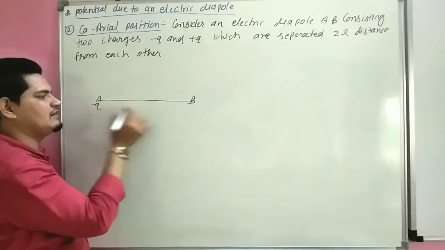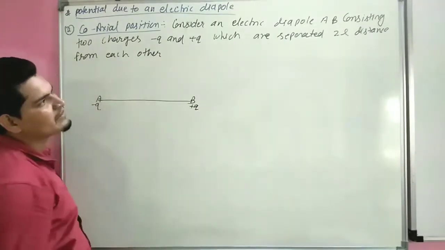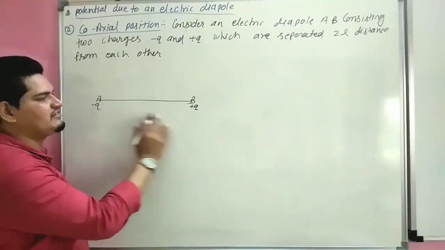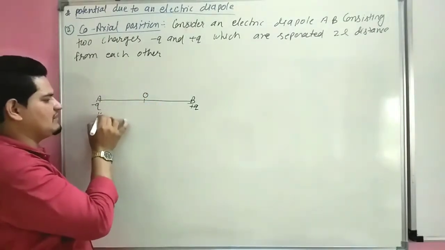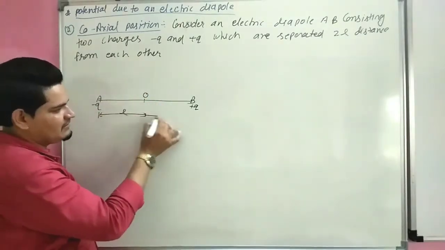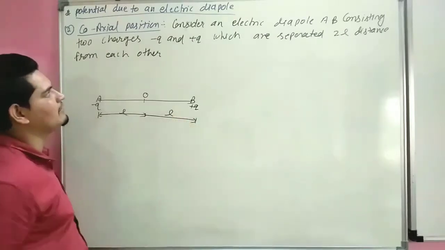This is our electric dipole AB. This is A, this is B. This is the minus q charge, this is the plus q charge. The total distance between them is 2L. This distance is L, and this distance is also L.